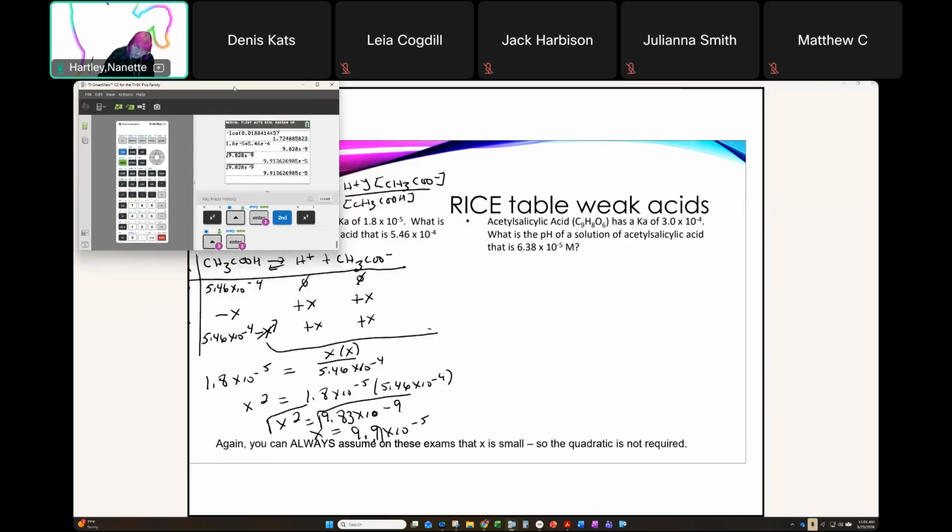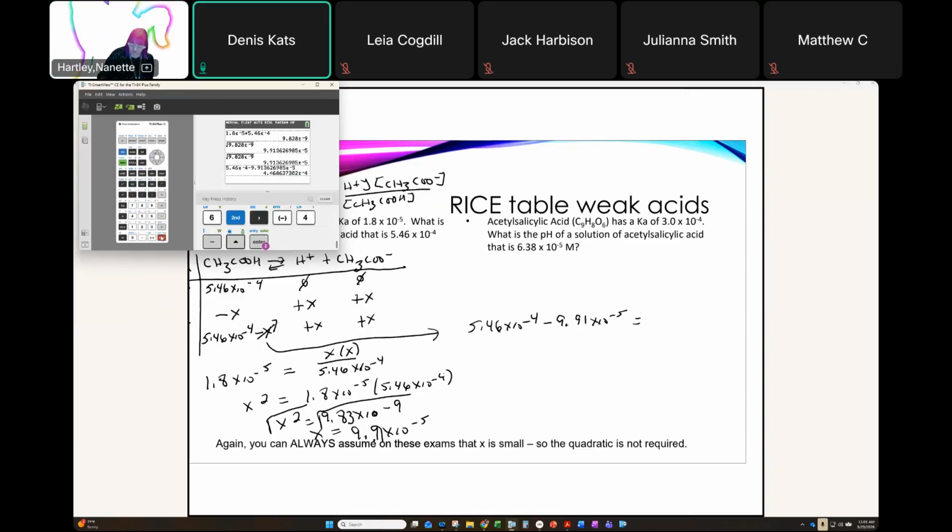So I would have to take the 5.46 times 10 to the minus 4th minus the 9.91 times 10 to the minus 5th. Now, it's not going to change it very much, but that is necessary. So I would take 5.46 second E negative 4, subtract the number that I calculated, and that's what I would report.